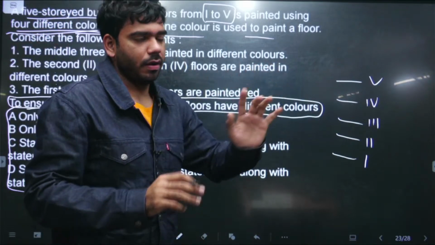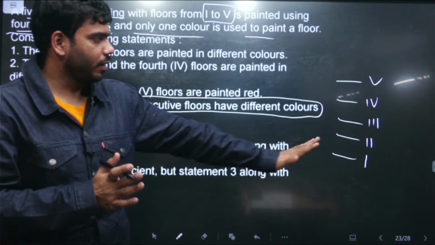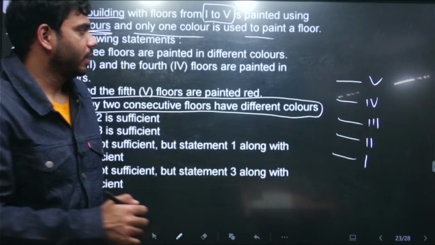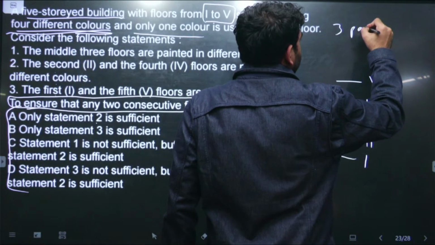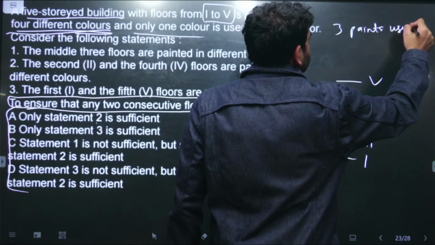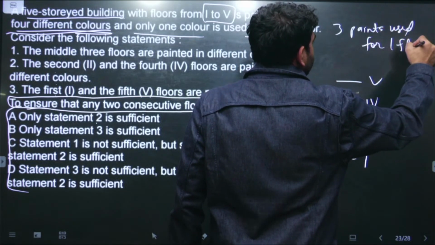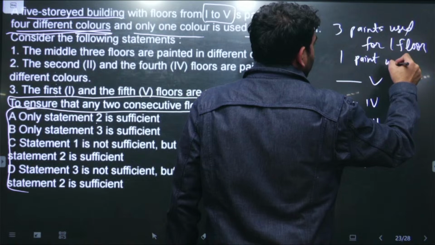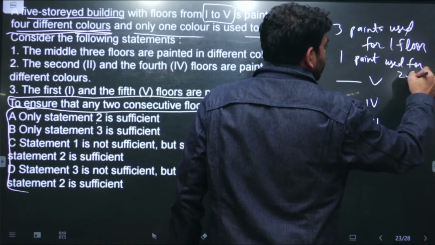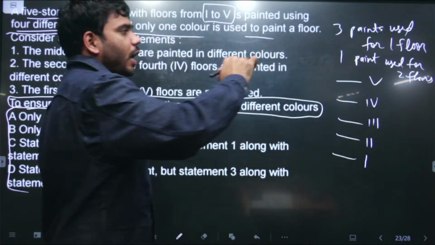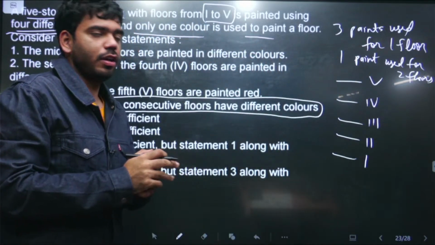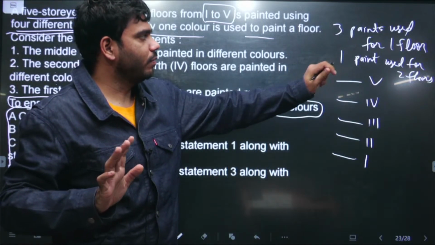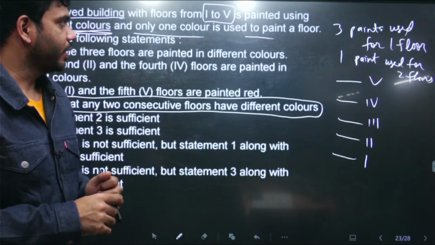It means that all the paints will be used, and only one of these 4 paints will be used twice. 3 paints will be used for 1 floor each and 1 paint color will be used for 2 floors. Total हमारे पास 4 different paints are there. So we are saying that 3 of these 4 paints will be used for painting 1 unique floor and the remaining 1 paint will be used to paint 2 floors. This is what we are saying.